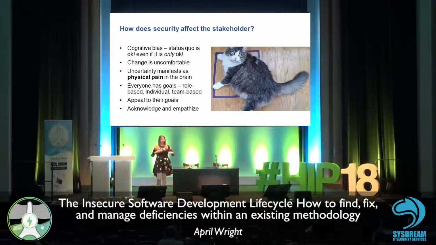So understanding also that everyone has goals, and we talked about some of the stakeholder goals. Understanding that everybody brings something to the table that's different. Everybody has a different reason for being part of the organization, and appealing to those goals.